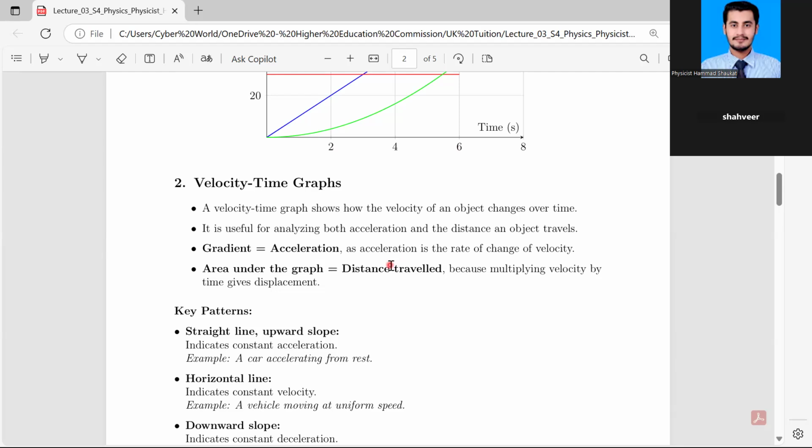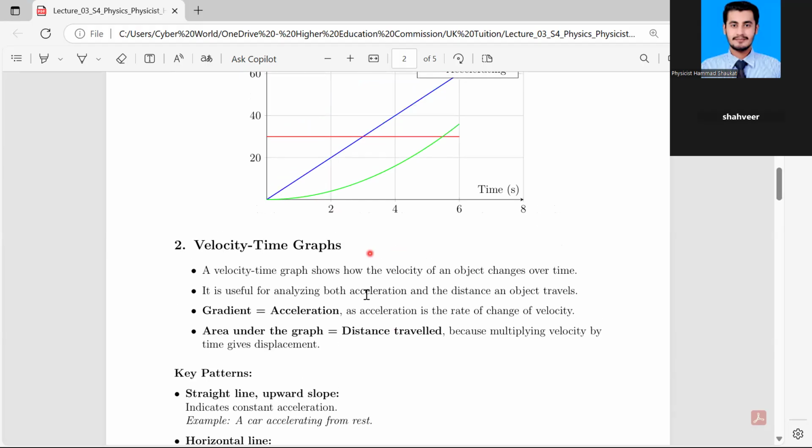In this velocity time graph, an important thing is that you can also calculate the distance. There are two things which we calculate in the velocity time graph. One is you can calculate the acceleration by taking the gradient, and the other is you can calculate the distance. How can you calculate the distance?